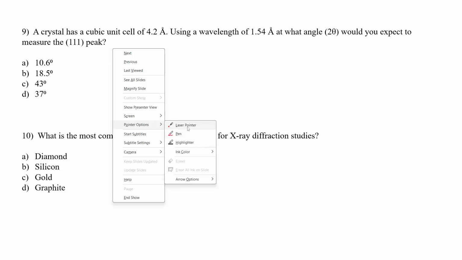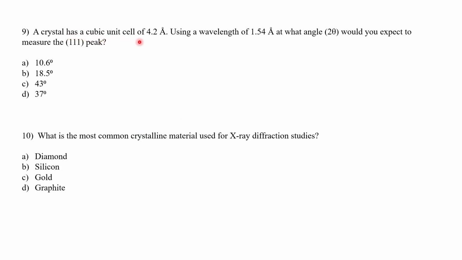So the next question says that a crystal has a cubic unit cell of 4.2 angstrom, with d spacing measured using a wavelength of 1.54 angstrom. It is saying the cubic unit cell, so that means the a, b, c parameters are 4.2 angstroms. Can anybody tell me what source they are using?